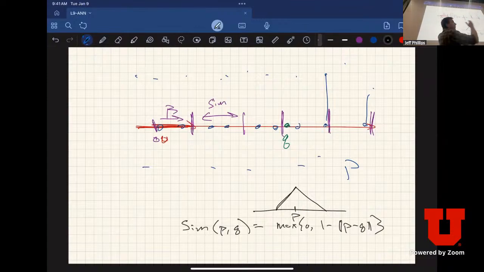Then randomly shifting the window into bins gave me a hash function for this triangle similarity. But this is just 1 minus the distance. So if I do the triangle distance, which is maximum value of 1, if things are further than this region apart, then that's the Euclidean distance in one dimension, right?